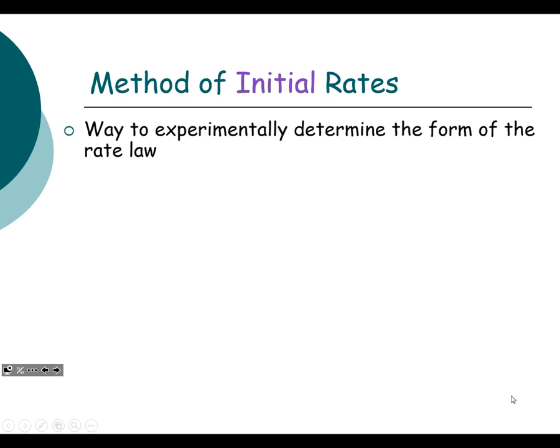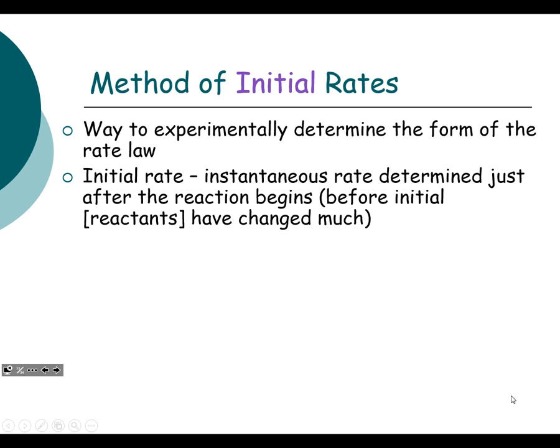So once again, it's a way to experimentally determine the form of the rate law with the method of initial rates. The initial rate is that point where we have mixed our reactants together and they haven't changed very much and we don't get any product to worry about. So we're picking a very specific moment in time to look at.